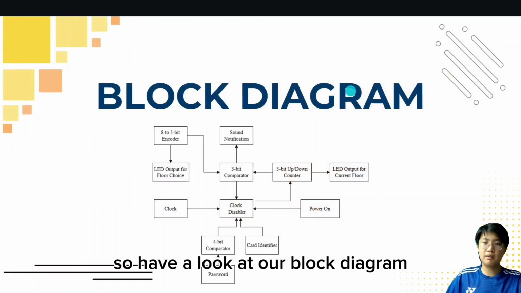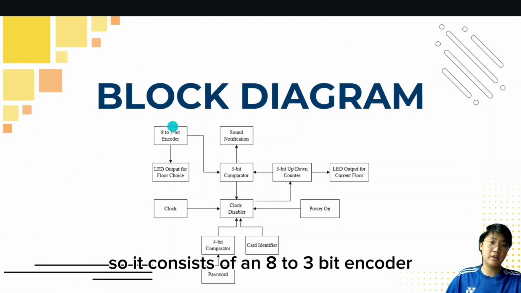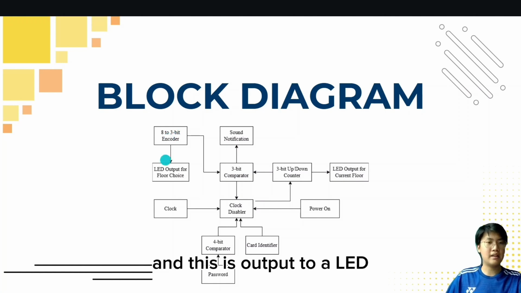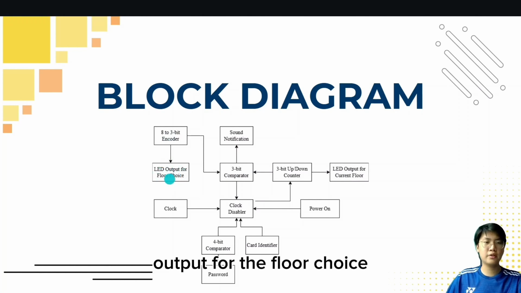Have a look at our block diagram. It consists of an 8 to 3-bit encoder which acts as a lift switch, and this outputs to an LED output for the floor choice and the 3-bit comparator.